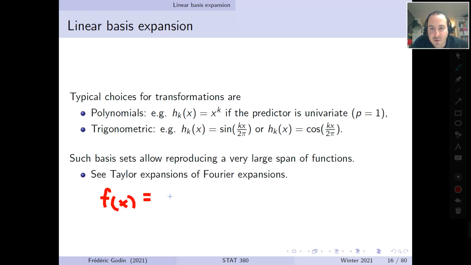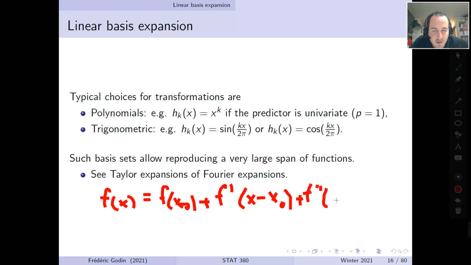Well, if you use a Taylor expansion, then f of x can be, for example, f of x0 plus f prime evaluated at x0 times (x minus x0), plus f double prime times (x minus x0) squared divided by 2, or something like that, and plus etc.